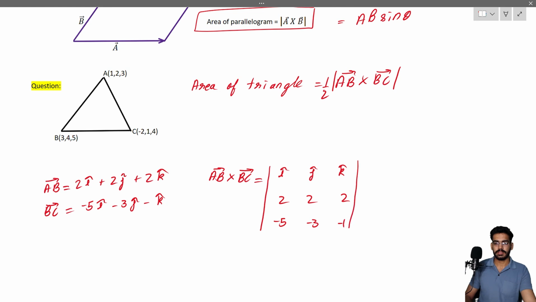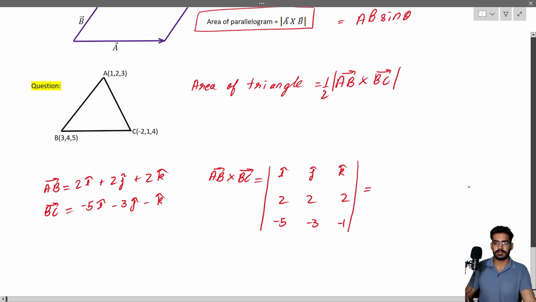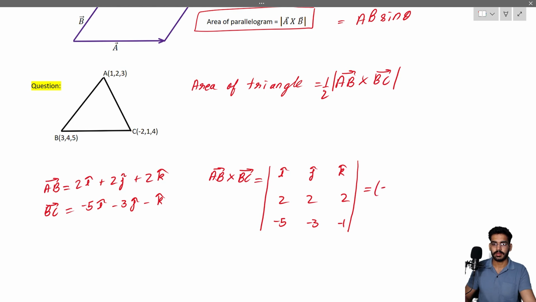For i cap, what will I write? 2 into minus 1, that is minus 2, and minus 3 into 2, and with one more negative sign, this is going to be plus 6, i cap. Then the minus sign outside: minus 2 and minus 10, and with one more minus sign, plus 10. This is j cap.